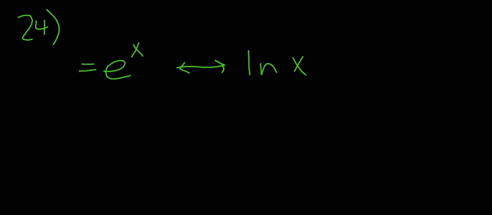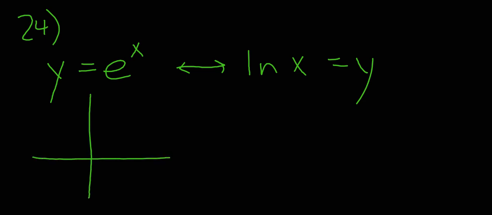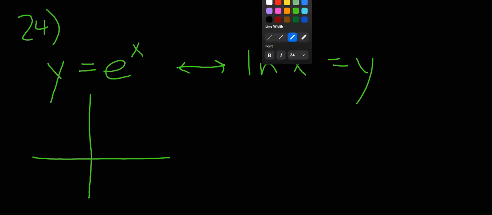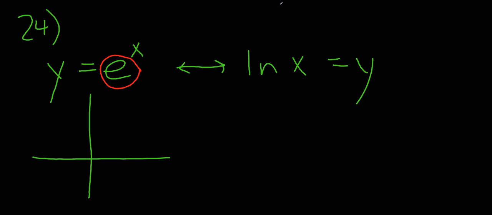Like if I said y equals e to the x, and I said y equals ln x, those would be different functions. For instance, the one on the left here is an exponential. Is it exponential growth or decay? It depends on whether you know anything about e. Do you know whether that's larger than 1 or smaller than 1? It's larger, so you should know that that's exponential growth.